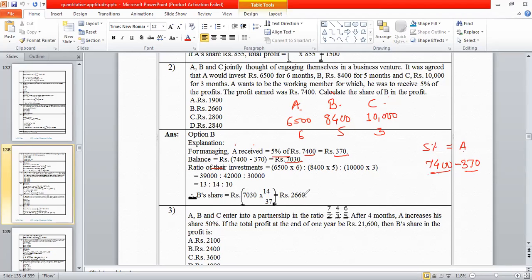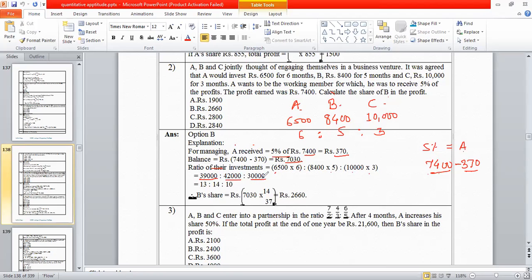Okay, now what is the ratio? 6:5:3. This is the actual ratio of investments. So by taking that, 6,500 into 6 is to 8,400 into 5 is to 10,000 into 3. So the ratio of ABC will be 39,000 is to 42,000 is to 30,000.